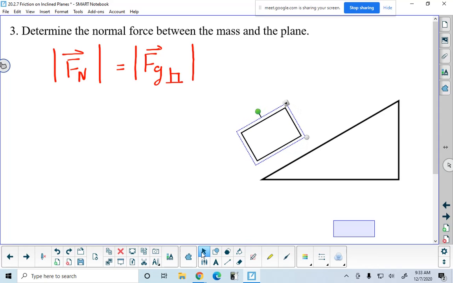And the reason I'm going to redraw this is because I'm going to draw the true force of gravity on it, and I'm going to draw the parallel and perpendicular components as well, but I'm going to draw them together.